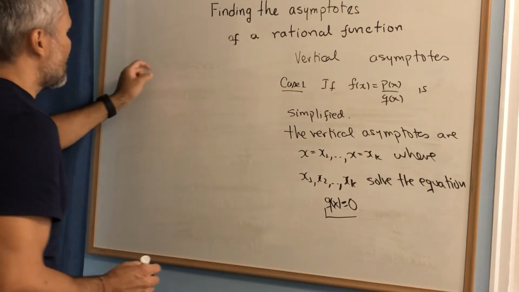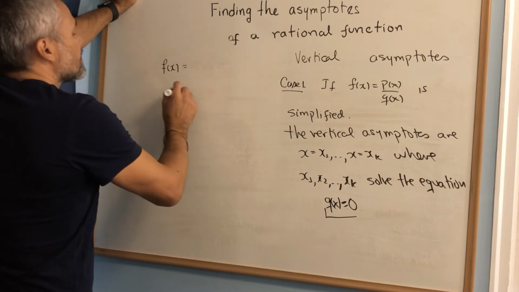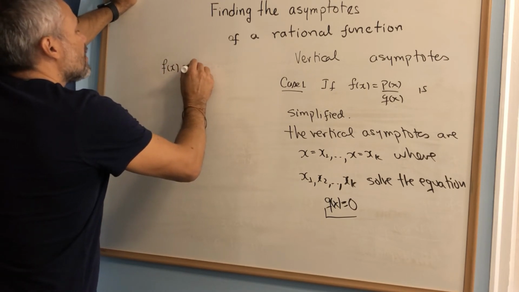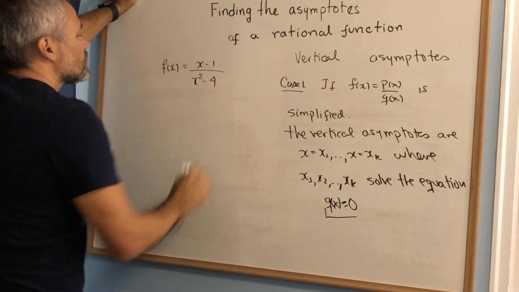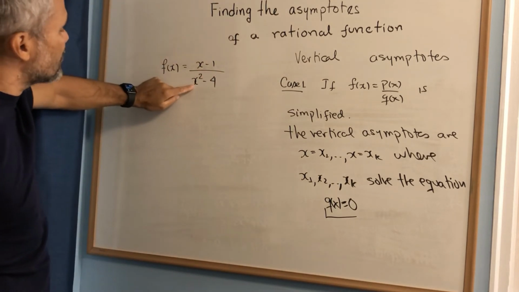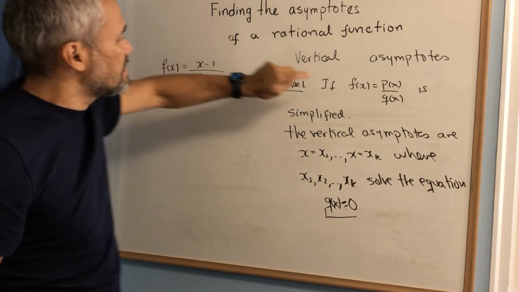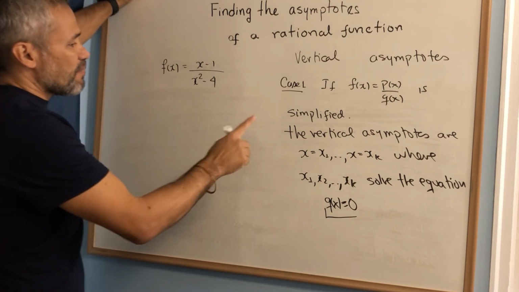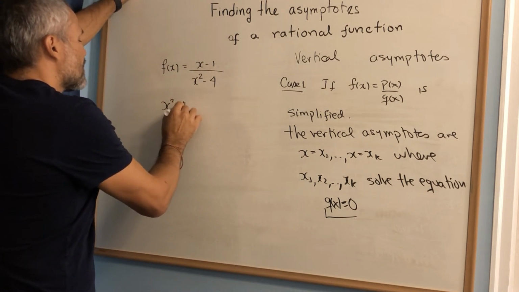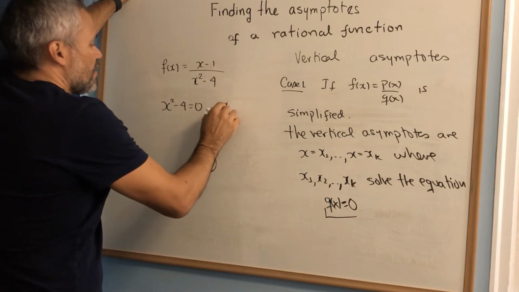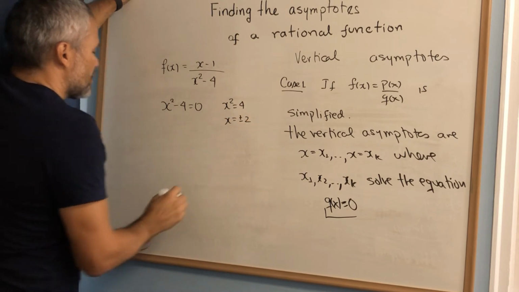Let's see some examples. If you have f of x equals x minus 1 over x squared minus 4. In this case, you can factor this one, but you can see that there are no simplifications taking place. Then this is simplified. And then to find the vertical asymptotes, I have to solve the equation denominator equals 0. In this case, we have x squared equals 4, and then x is equal to plus or minus 2.